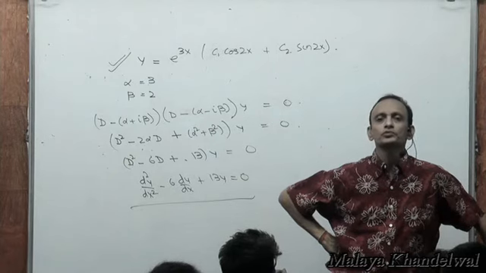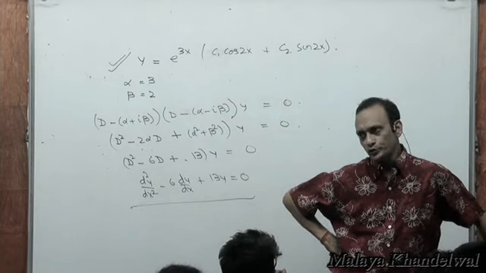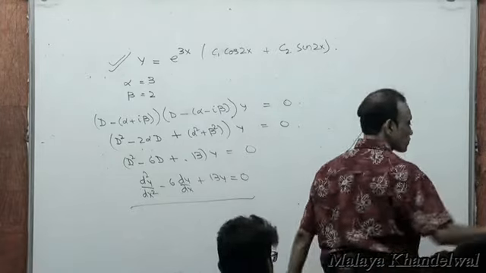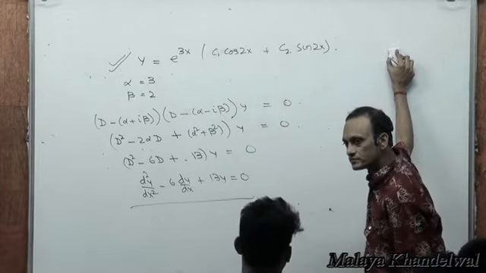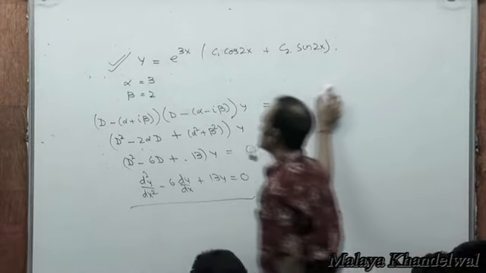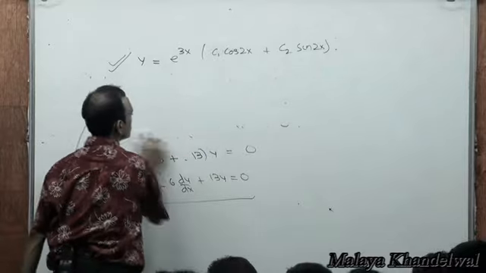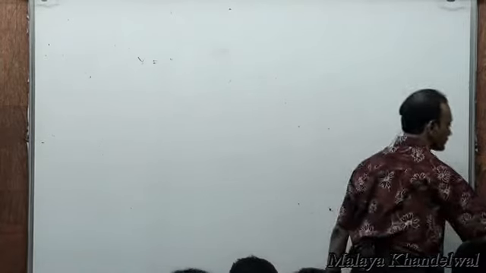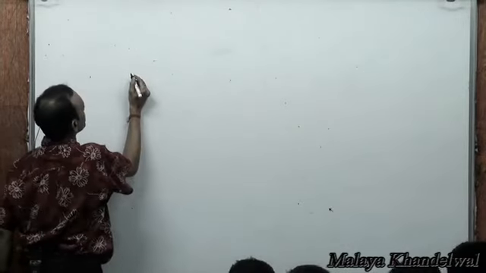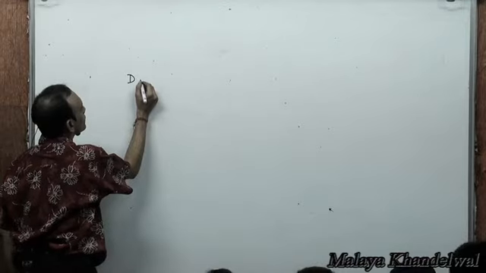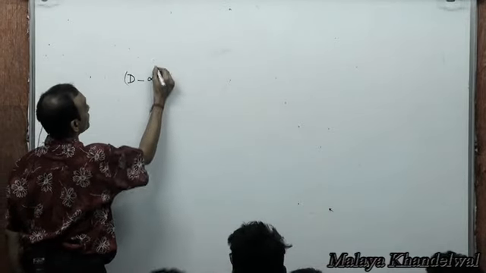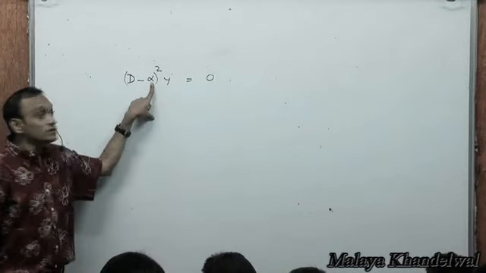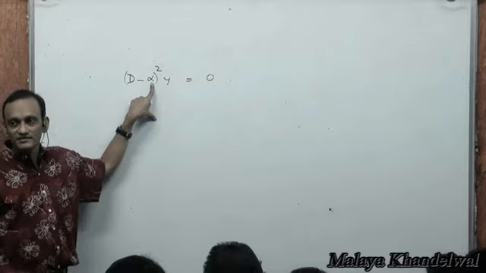I will not bother you with a proof of what I am going to say, but say I had a differential equation of this kind, D minus alpha whole squared acting on y is 0. Alpha is a repeated root, repeated twice.